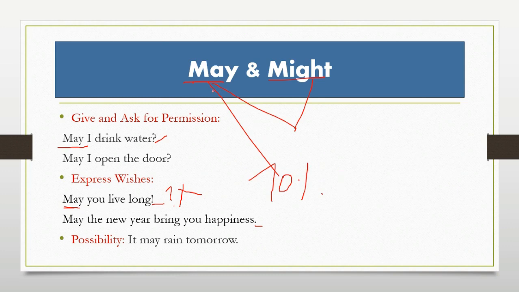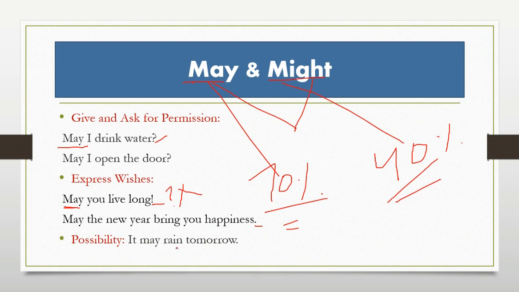For example, it is too cloudy, so we make a statement that it may rain tomorrow because look at the weather. If it is not that cloudy, in that case you can say might. I'm going to write it: 40% chance. It would be 40% chance, but in may there is 70% chance. So these things must be clear.